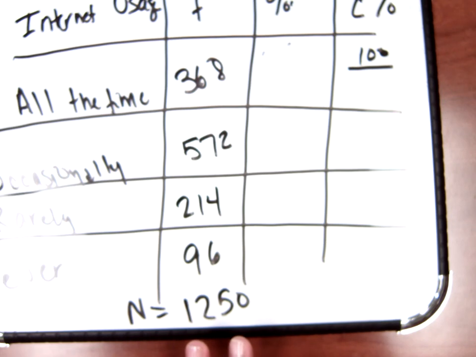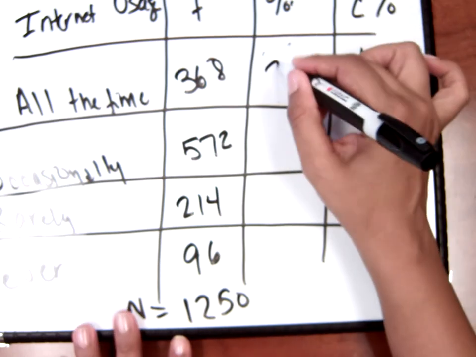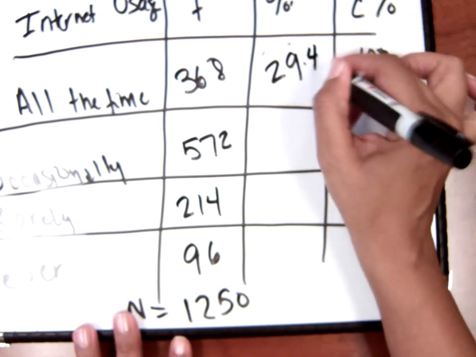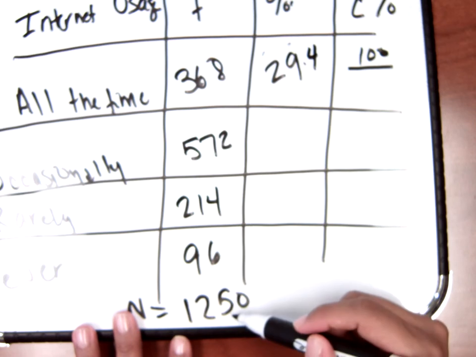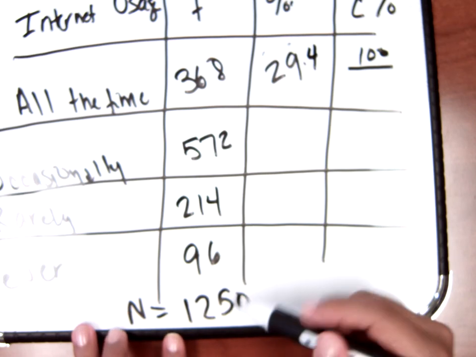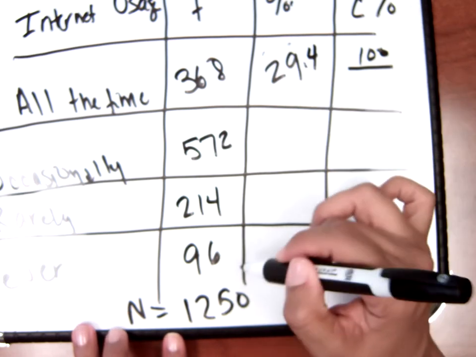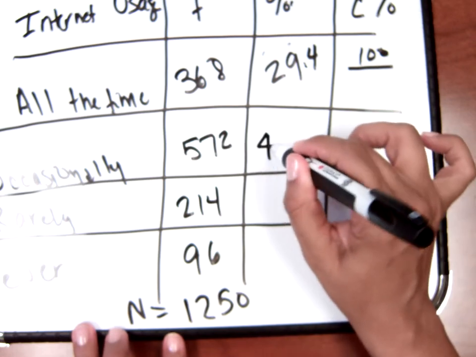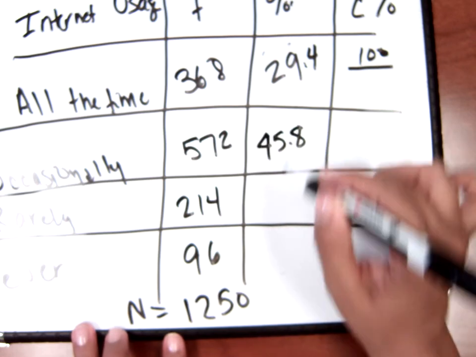Let's move on to the next one. When you put the math in there, you're going to see that this next column, 572 divided by 1250, is 45.8.